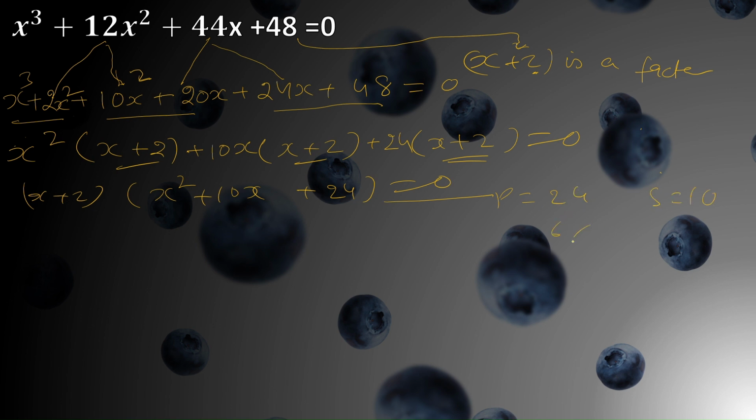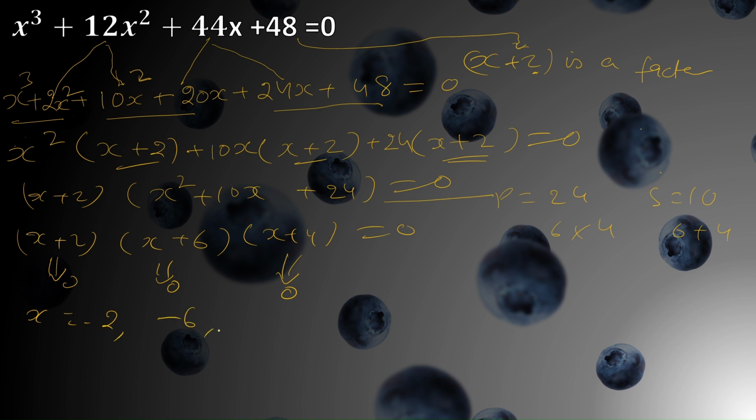It's very easy, 6 times 4 and 6 plus 4. So x plus 2, x plus 6, x plus 4, the product of all these 3 should be 0. So either of these 3 will be 0. So x is equal to minus 2, minus 6 and minus 4. So they are the 3 real roots of this equation.